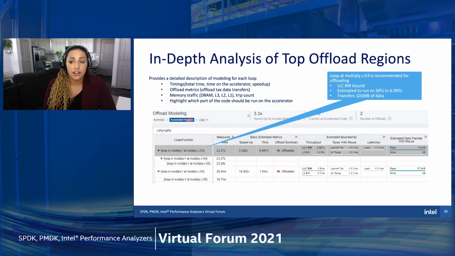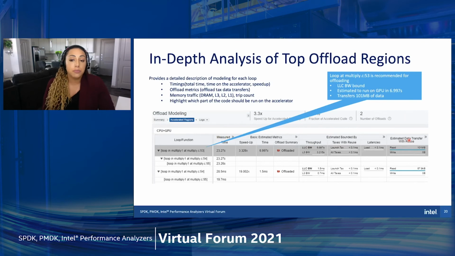So we can see here that our top loop recommended for offloading is going to be last level cache bound, has a projected 3.32x speed up, is estimated to run on the GPU for approximately 6.997 seconds. And we can see the offload summary, the throughput, but what we really want to point out is that you'll be able to see your estimated data transfer here on this far right column.